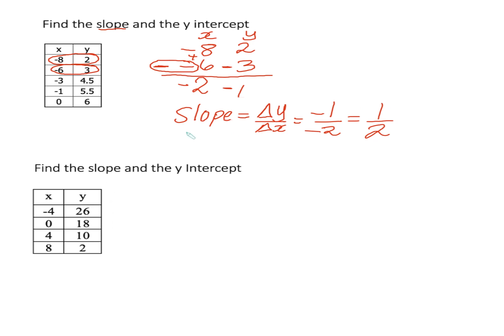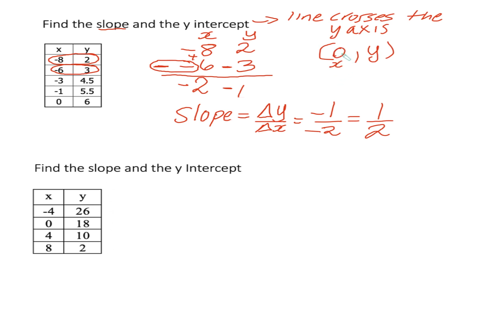Now the y-intercept is easy. You don't have to do any calculations. You're just looking. So remember, the y-intercept is where your line crosses the y-axis. Wherever your line crosses the y-axis, it means you have a value for y. So I'm going to put y there, but your x is 0.